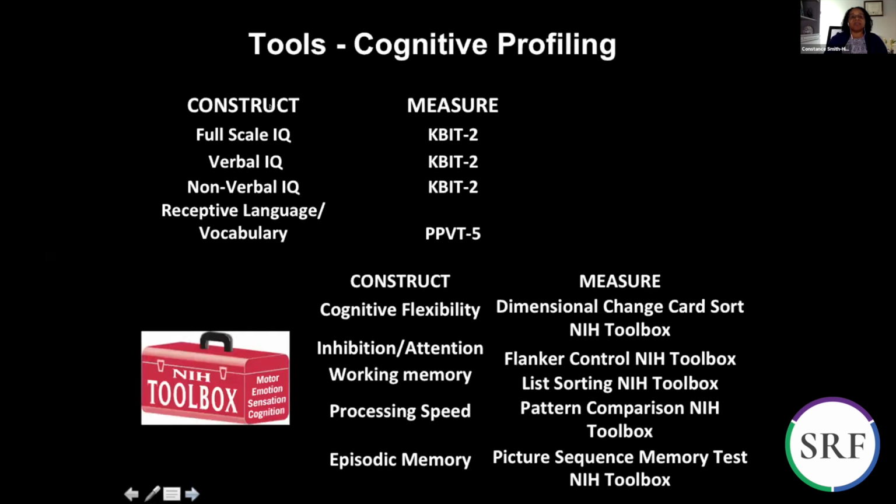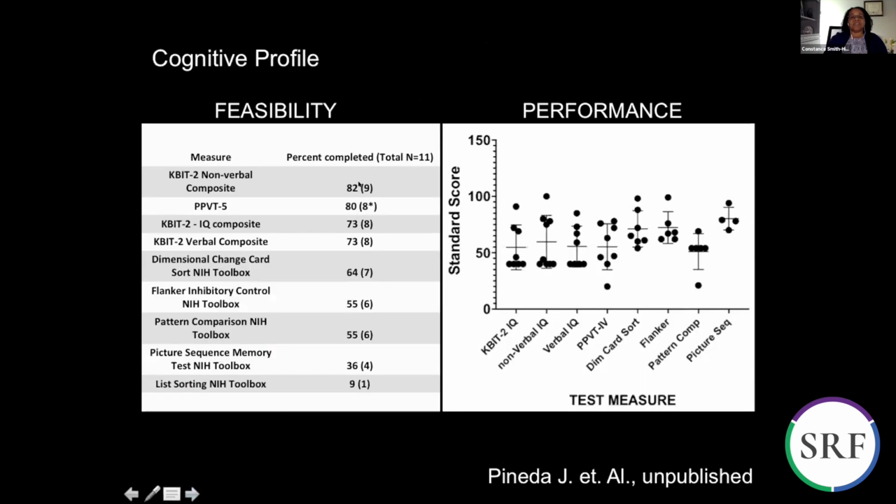To that end, we use the KBIT2 to evaluate IQ measures, the PPVT5 to evaluate receptive language, and we use several measures from the NIH toolbox to evaluate other cognitive constructs such as cognitive flexibility, inhibition, attention, working memory, processing speed, and episodic memory. You can see here that we had pretty decent feasibility scores with the KBIT2 and the PPVT5, but the feasibility decreased over time with the NIH toolbox measures that we used.